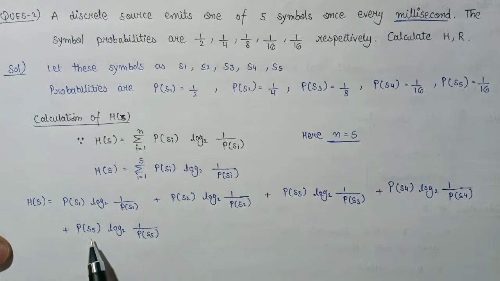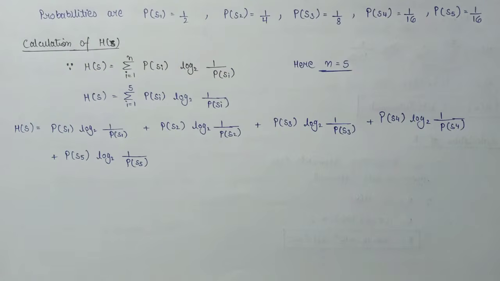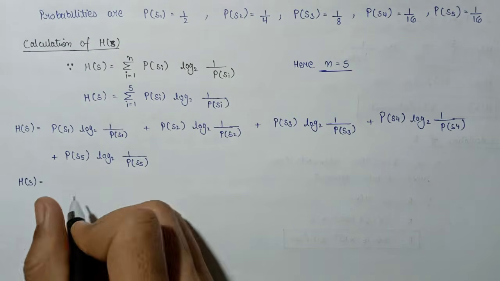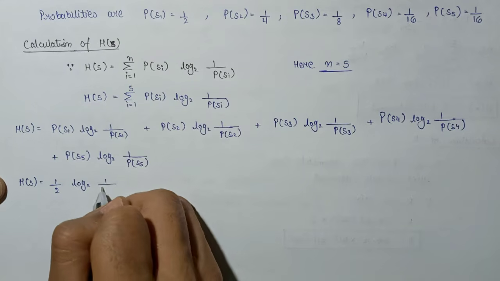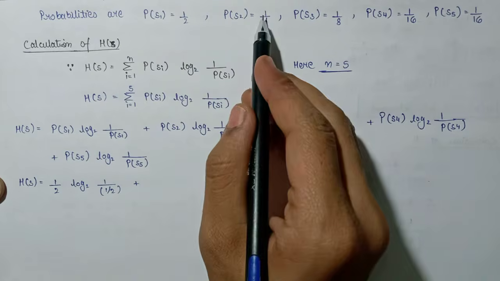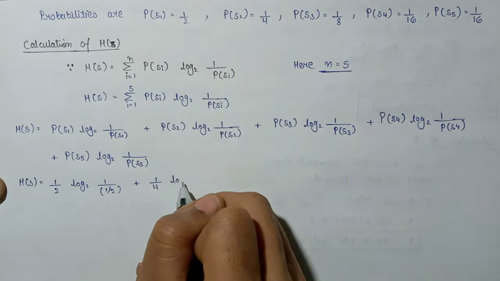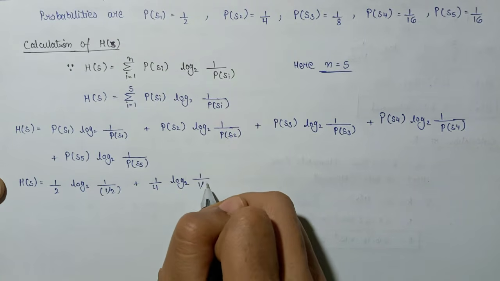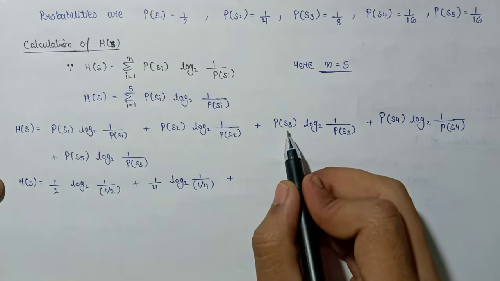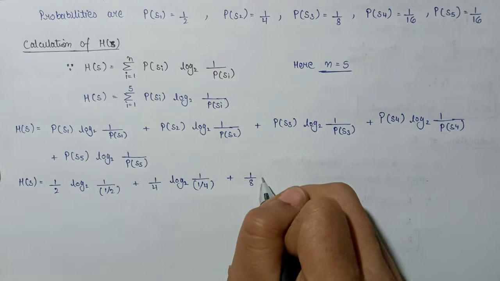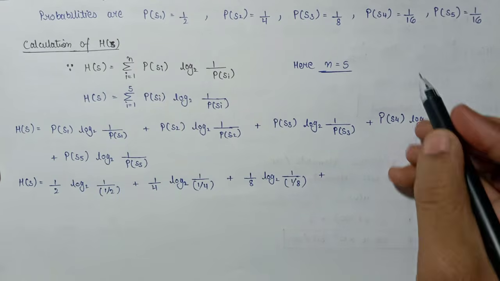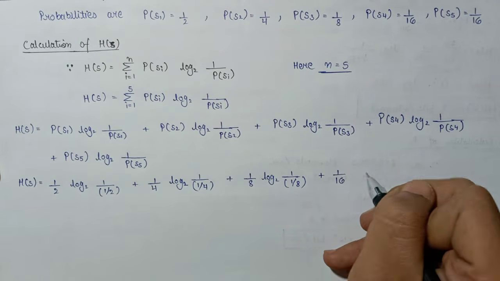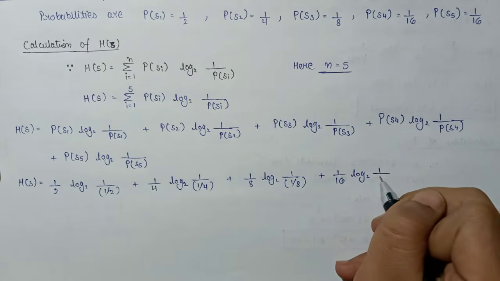Now simply substituting the values of the probabilities that are given to us, we get the modified expression: H of S equals, in place of P of S1 we write 1/2 log base 2 of 1 over 1/2, plus 1/4 log base 2 of 1 over 1/4, plus, in place of P of S3 we write 1/8 log base 2 of 1 over 1/8, plus, in place of P of S4 we write 1/16 log base 2 of 1 over 1/16.